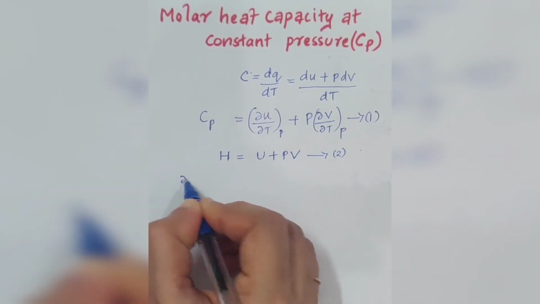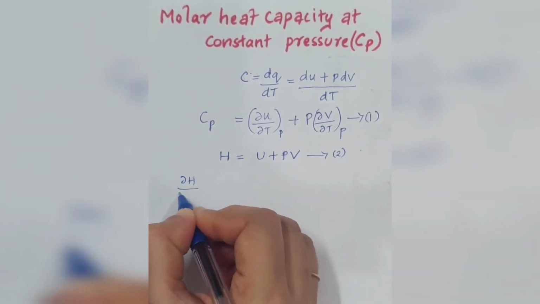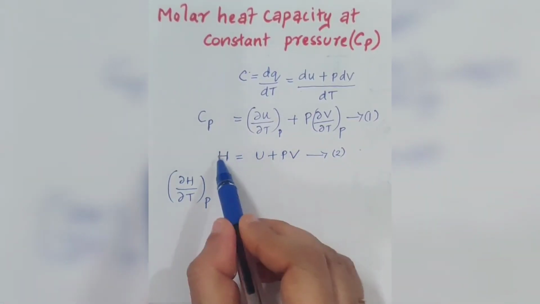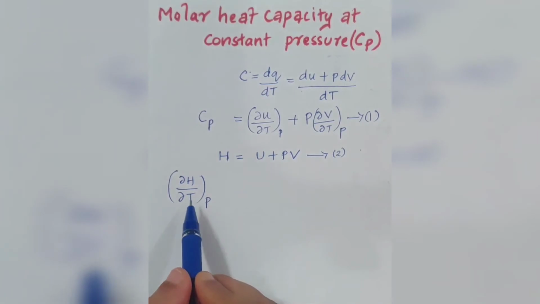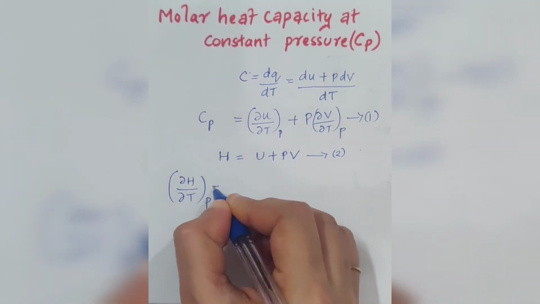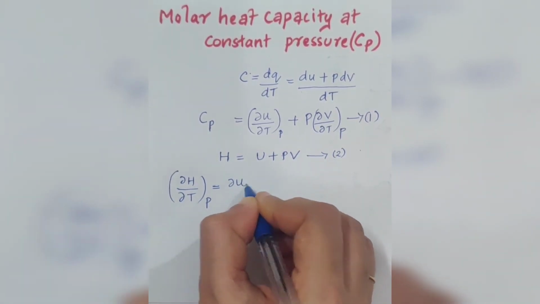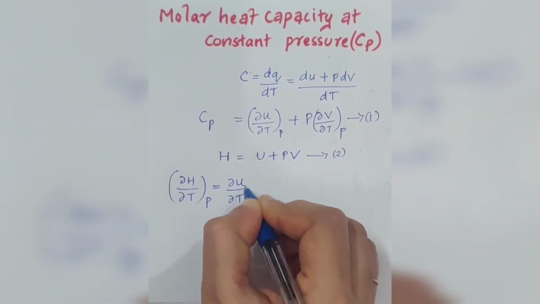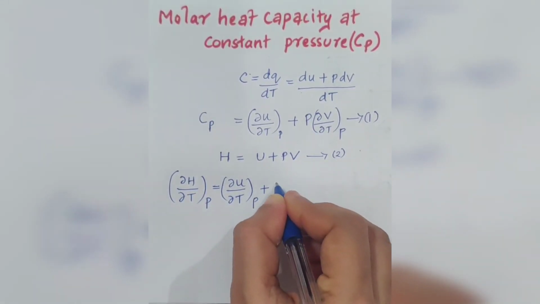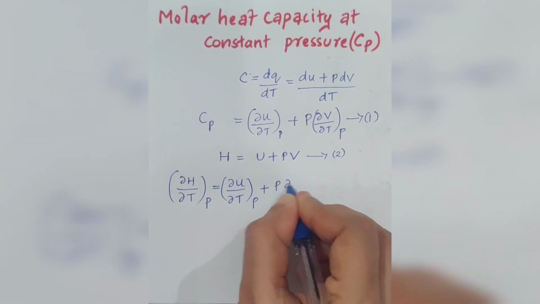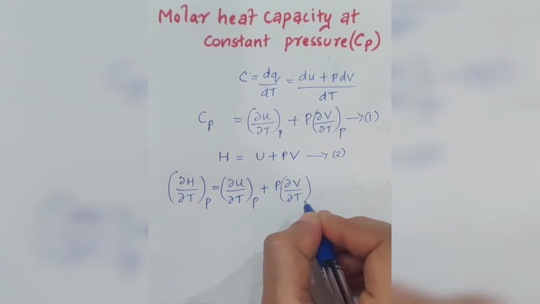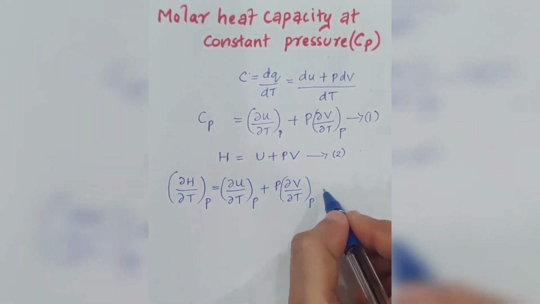It is dou H by dou T at constant pressure is equal to dou U by dou T at constant pressure plus P into dou V by dou T at constant pressure.